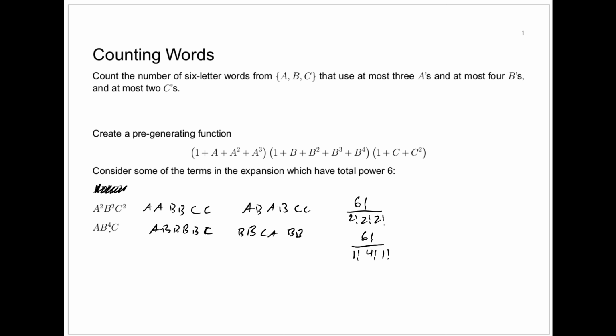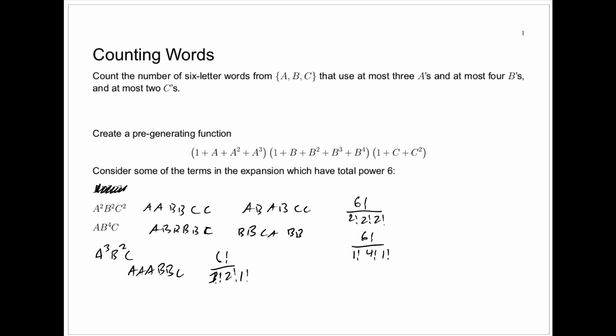One more quick example, because I made a mistake typing in the first one. What if we have a term that looks like A cubed, B squared, C? Well, we'll have a total of 6 factorial over 3 factorial, 2 factorial, 1 factorial words that use 3 A's, 2 B's, and 1 C. They would all be rearrangements of AAA, BB, C. There are this many rearrangements.